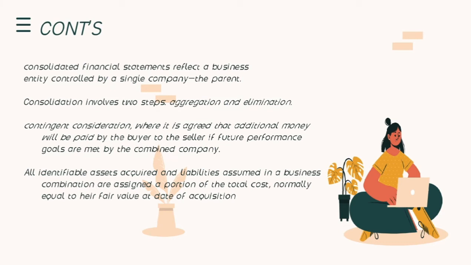For example, both the parent's accounts payable to its subsidiary and its subsidiary's accounts receivable from the parent are eliminated when preparing a consolidated balance sheet. Likewise, sales and cost of goods sold are eliminated for intercompany inventory sales.